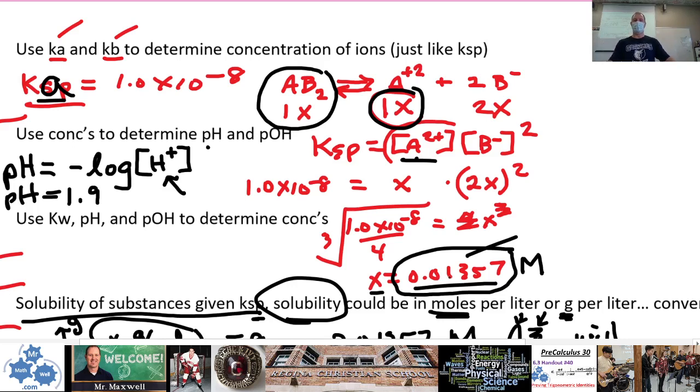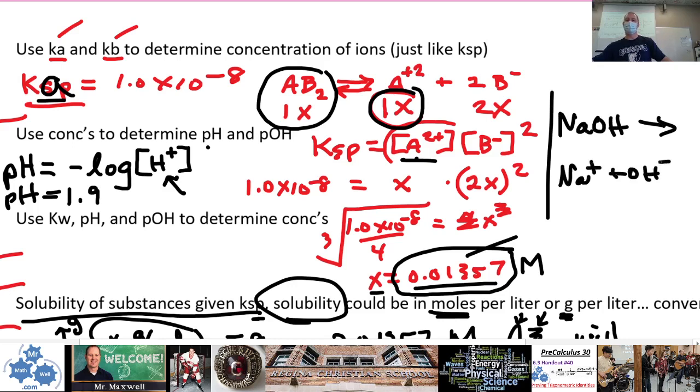And we'll talk about the Kw a little bit in a few seconds here. But the pOH is the negative logarithm of the OH concentration, okay, if you're given that or if you can find that. So remember, if you have something like a strong base, NaOH, that's going to dissociate to Na plus and OH minus, right? So if you're given a concentration, let's say of this, because it's strong, it's going to completely dissociate, so it's a 1:1:1 ratio.